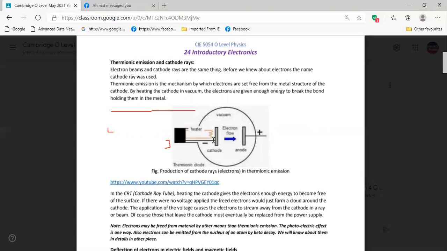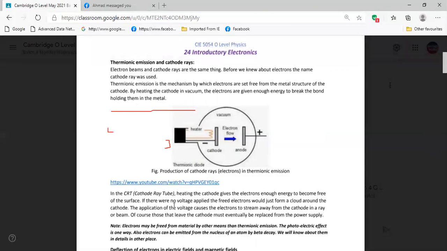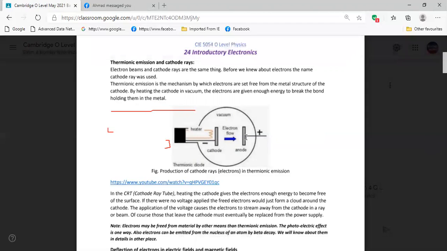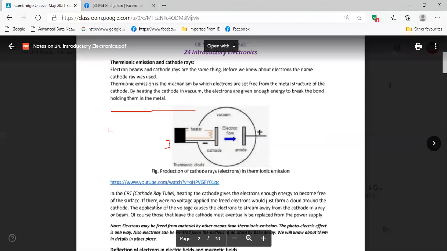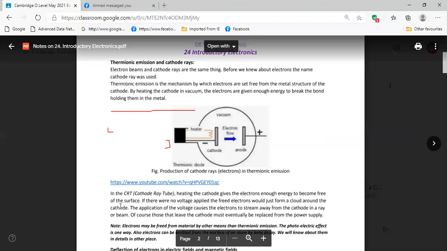Another thing is here, that if there were no voltage applied, voltage means this positive voltage, the freed electrons would just form a cloud around the cathode.